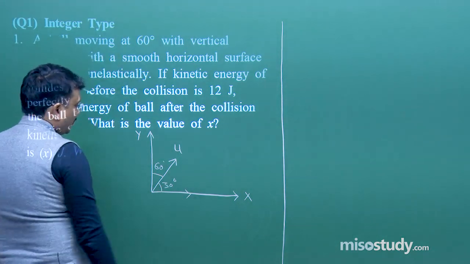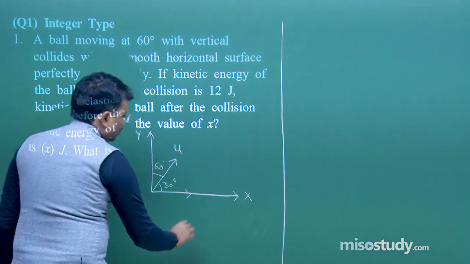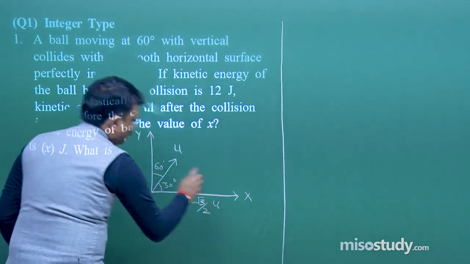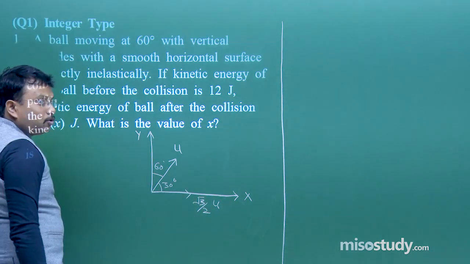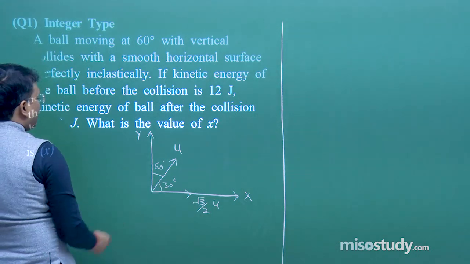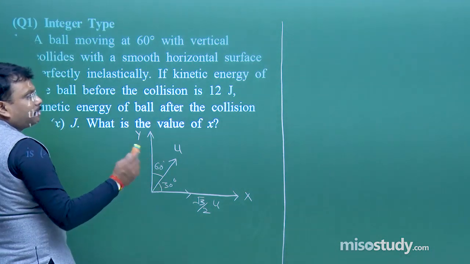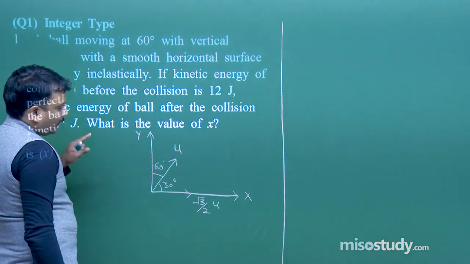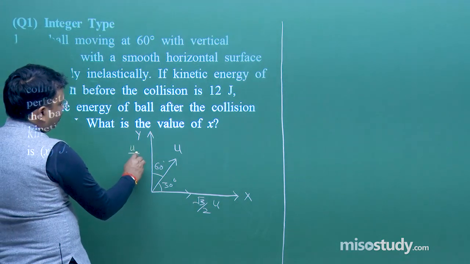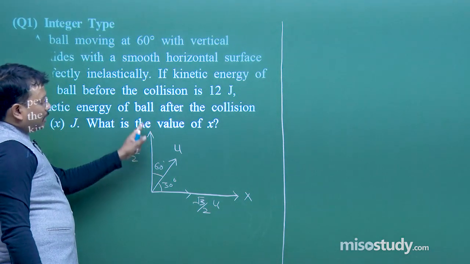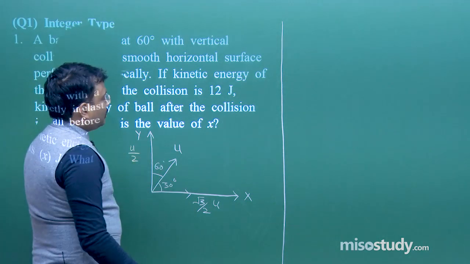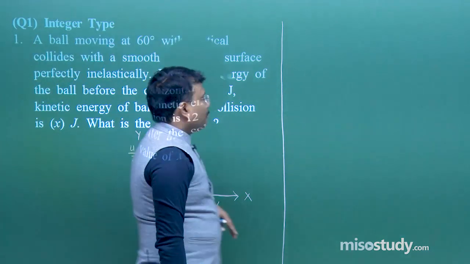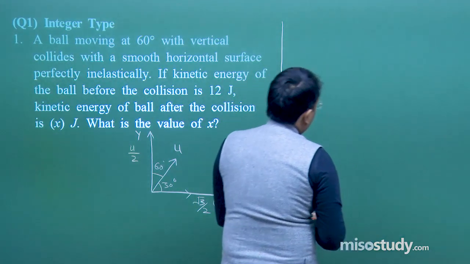So it is going to be u cos 30, that is root 3 by 2 u. It is u sin 30, you have to consider the angle from this. You can consider it like this, then sin will change to cos, cos will change to sin, and it is u sin 30, so it will be u by 2. That is the vertical component and this is the horizontal component. Now the horizontal component, as you know, remains the same, and the vertical component at the highest point is going to be 0.